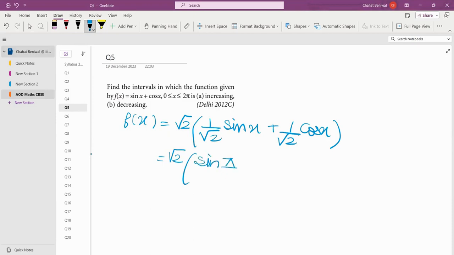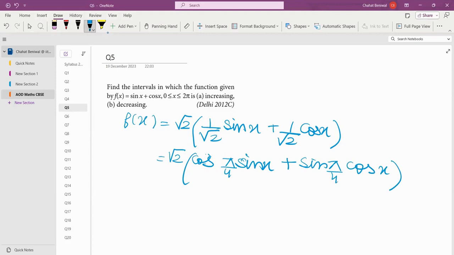sin pi by 4, or also cos pi by 4. Now I am writing cos here because it is going to be our benefit. So sin pi by 4 and cos x.